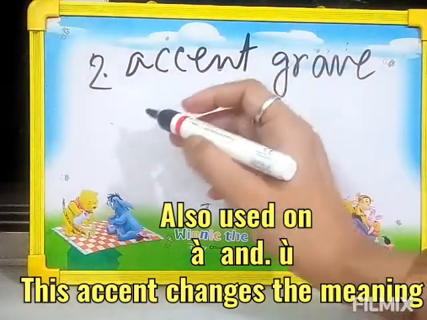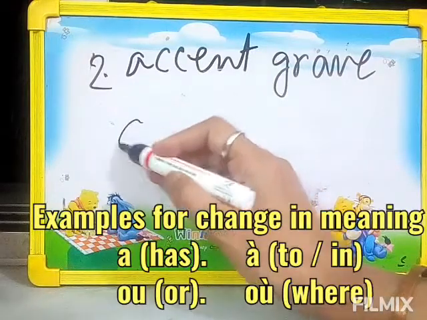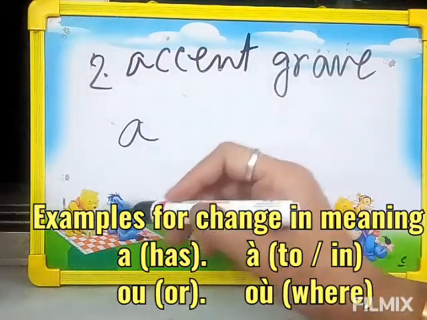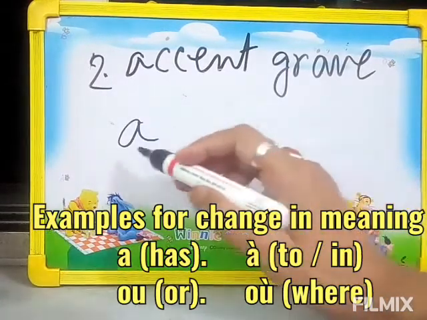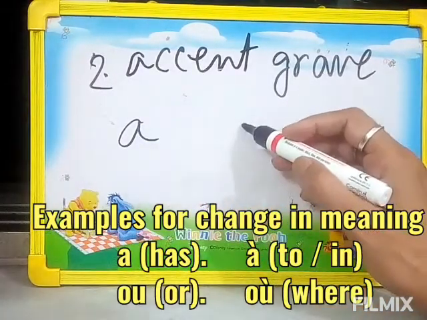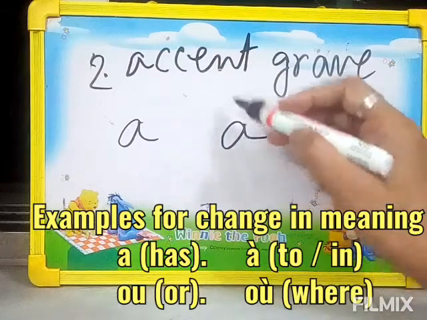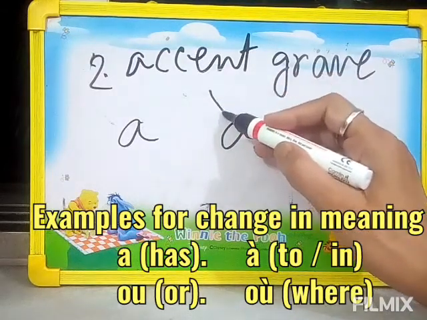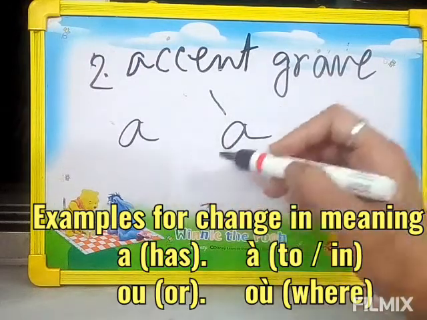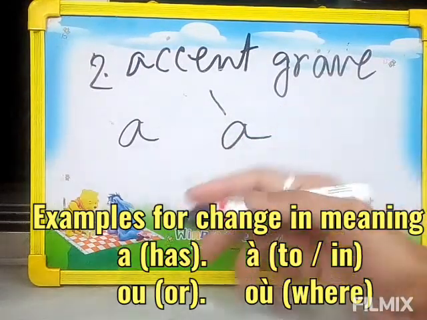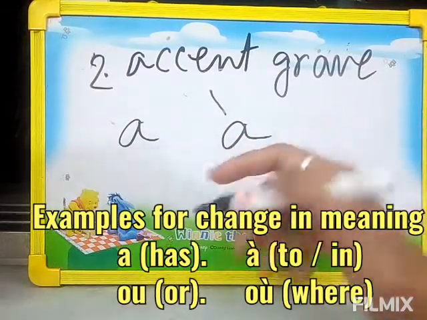For example, A without accent is pronounced A. If the accent grave, the left hand side accent, is put on A, the pronunciation will be the same in both cases.